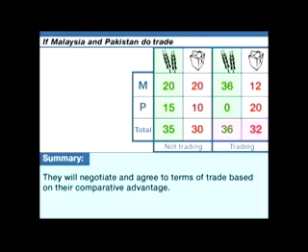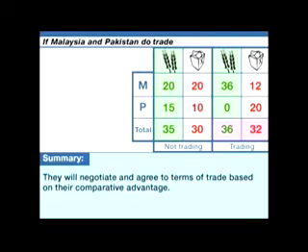These 2 economies now can agree to trade in such a way that both of them are better off. They can find some ratio of trading rice for wheat that makes them both better off than they were before. Those extra 2 bushels of rice and extra 1 bushel of wheat are available to be divided between Malaysia and Pakistan. And the rate of trade that they will agree on is somewhere between the slopes of their production possibilities frontier.